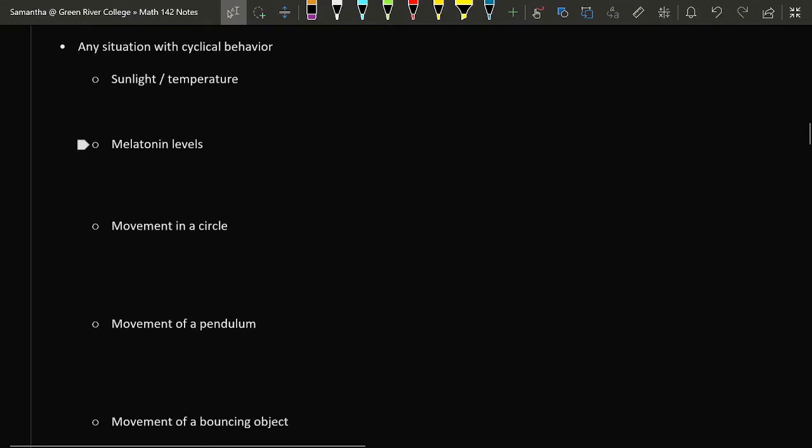Also, anything with a cyclic, predictable up and down behavior, such as the number of users on Steam at any given time, or the amount of sunlight in any given day. We get the most sunlight per day in summer, and then it decreases to a minimum in winter, and that pattern repeats forever and ever, or at least as long as we will be alive. Likewise, temperature: maximum in summer, minimum in winter, and that cycle repeats.